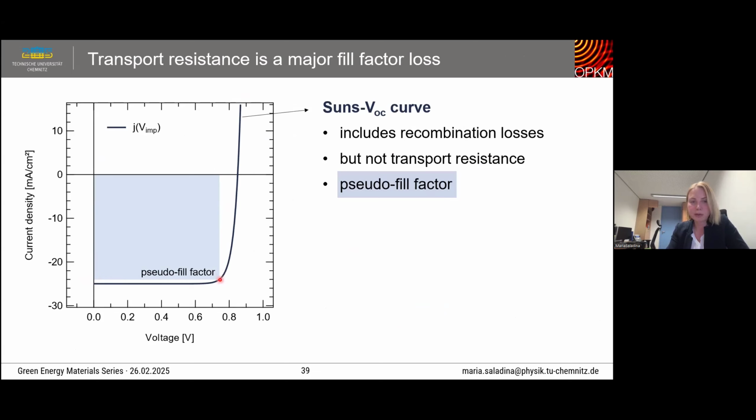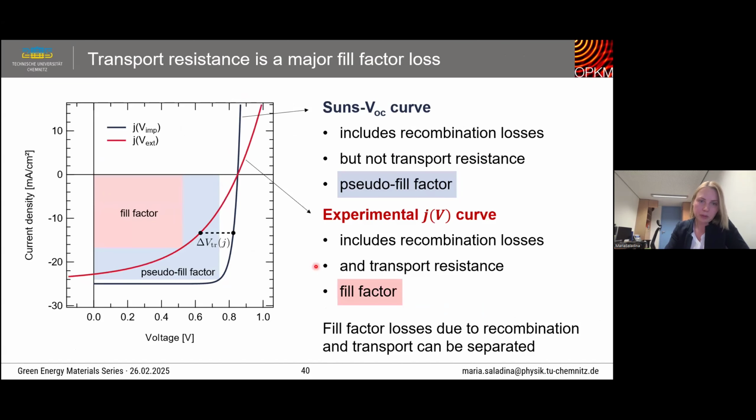And this fill factor will not contain transport resistance losses. Now we can compare it to the fill factor of the experimental JV curve, and the difference will give us the information of how much transport resistance losses contribute to the overall fill factor losses.